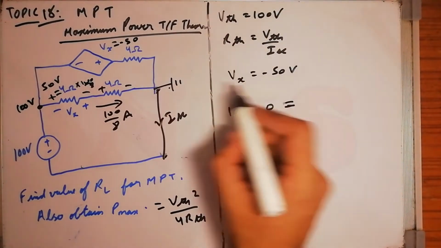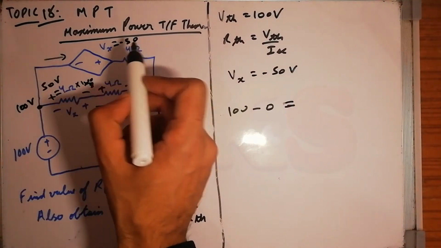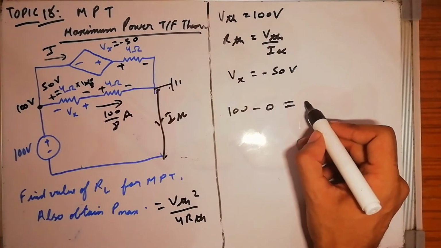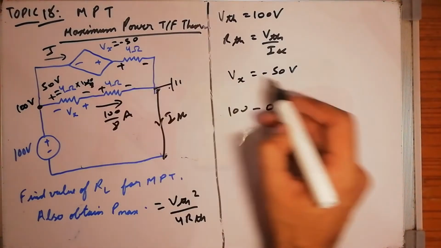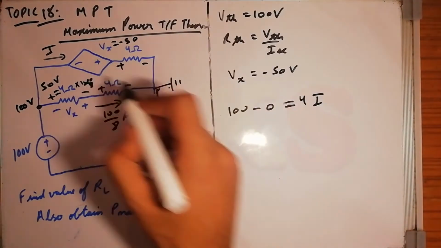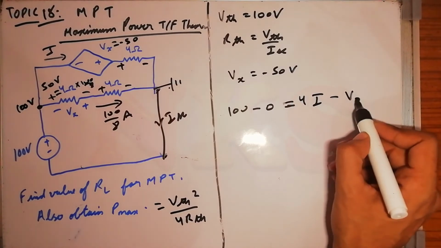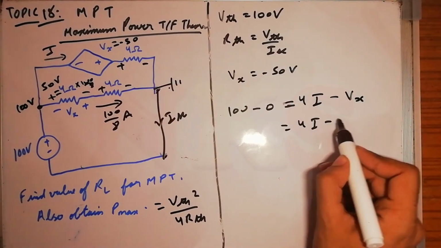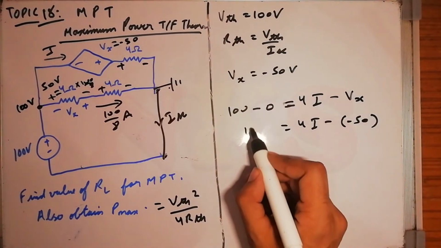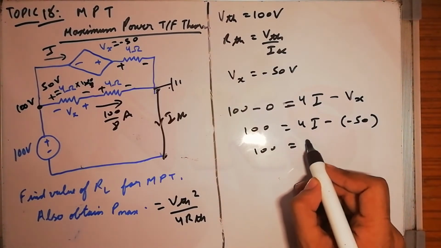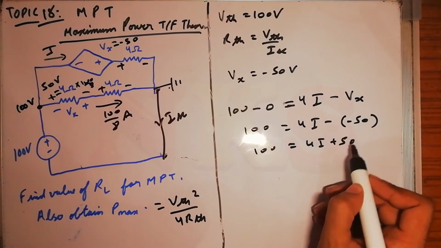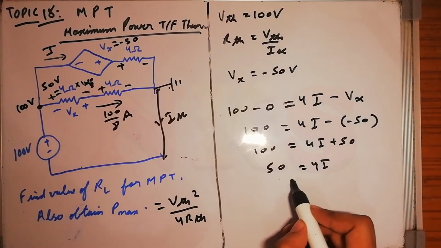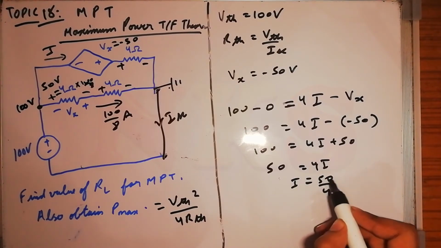Let me say the current is flowing like this, I, this will be plus minus, so 100 is equal to plus 4i minus Vx. So 100 is equal to 4i plus 50, 4i is equal to 100 minus 50, 50, I is equal to 50 by 4.